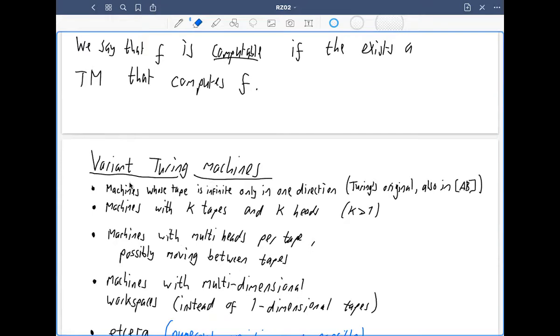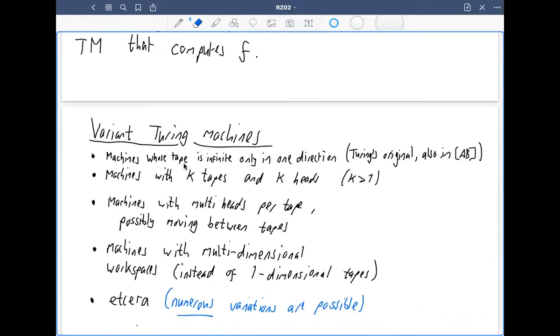Just to mention one way of seemingly making the model weaker: we've got tapes that are infinite in both directions. Potentially, we can get an arbitrary amount of tape by pulling from the left, or an arbitrary amount of tape by pulling from the right. We do need to always be able to call on extra space if necessary, but we could just make it infinite in one direction. That would seemingly make the model a little bit weaker.